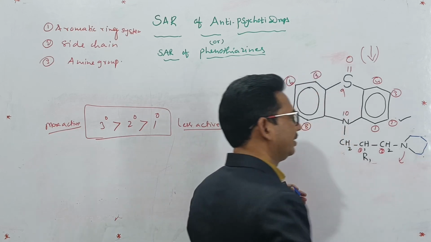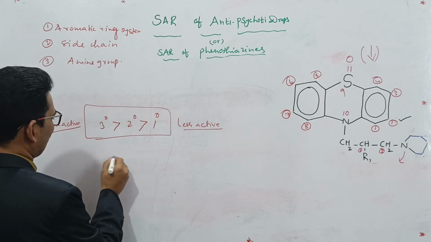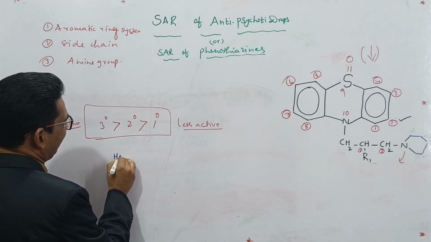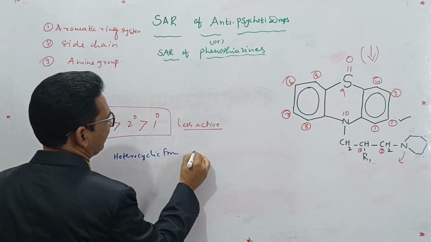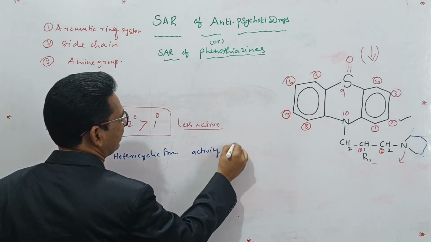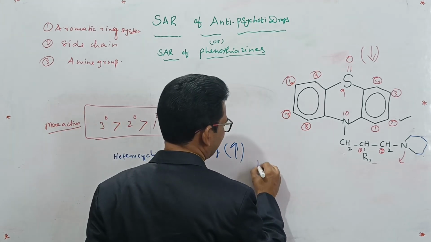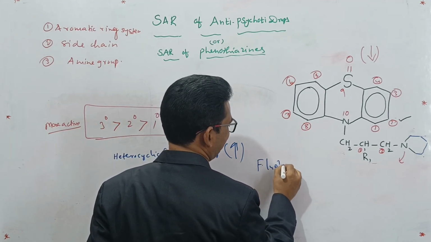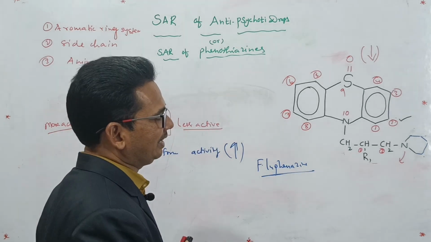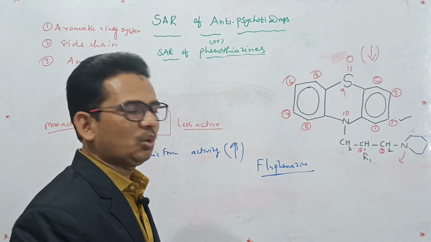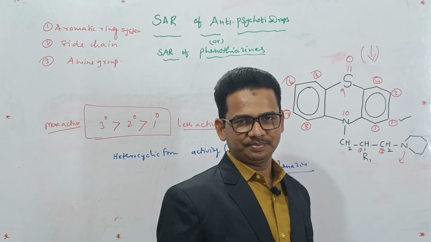Like this, a hetero ring will be present, meaning that particular nitrogen is converted into the heterocyclic form. Heterocyclic form means activity increases. Example, piperazine present in fluphenazine. Remember this, fluphenazine is more active because it has the heterocyclic ring, the tertiary nitrogen converted into the cyclized form.